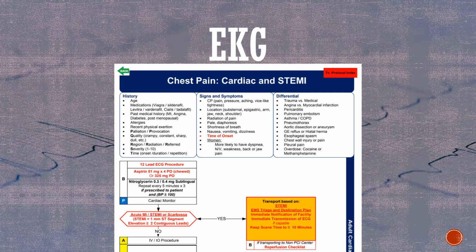Well, things other than chest pain that can be signs of cardiac ischemia. Jaw pain, shoulder pain, arm pain, back pain, epigastric pain. All of these can be signs of cardiac ischemia and warrant an EKG. And remember, shortness of breath, even in the absence of chest pain, can still be an anginal equivalent, and there's an indication for EKGs.